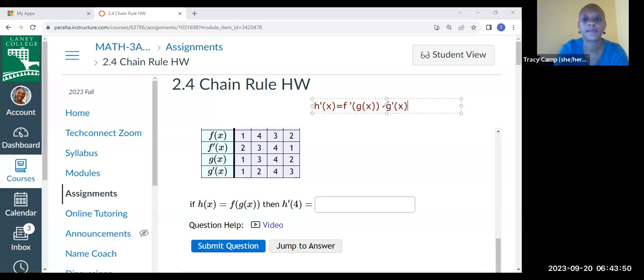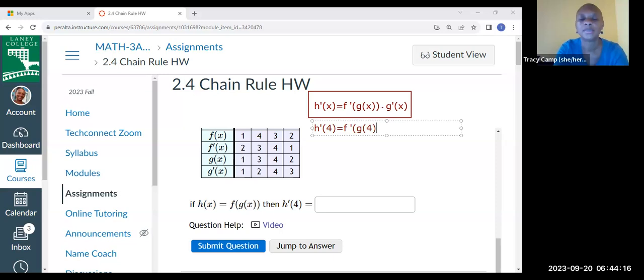So that is the rule. In this case, we're trying to find h prime of 4, which means I need to replace my x's with 4's here. So this is going to be f prime of g of 4 times g prime of 4.